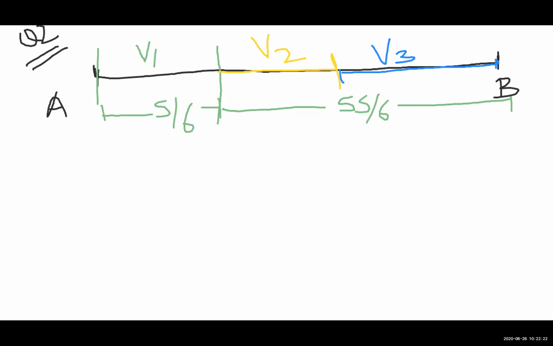But if the time here is t, then the time here is 2/3 t and the time here is t/3. Okay, is the diagram making sense to everyone?